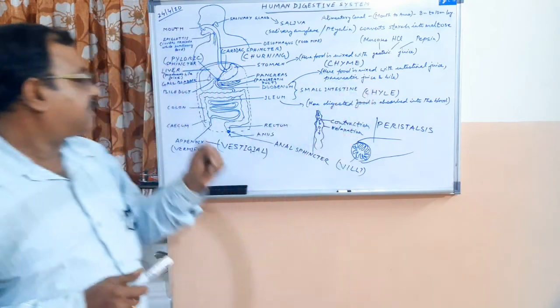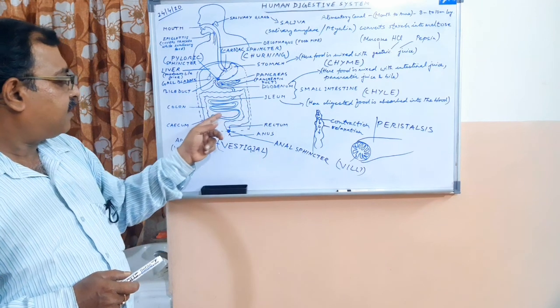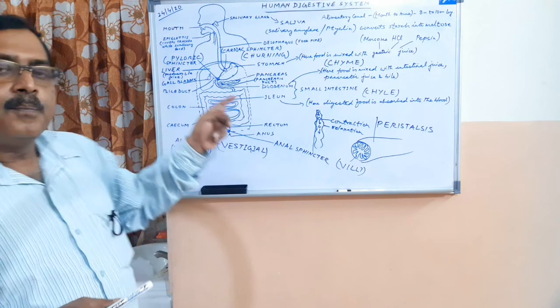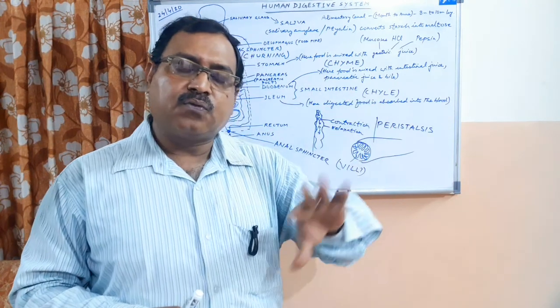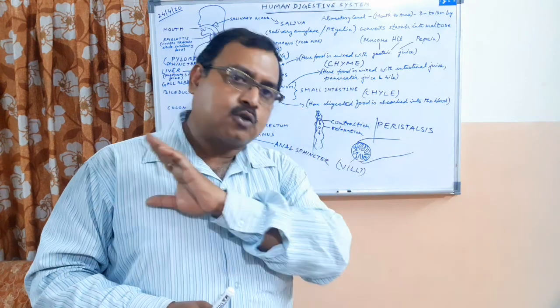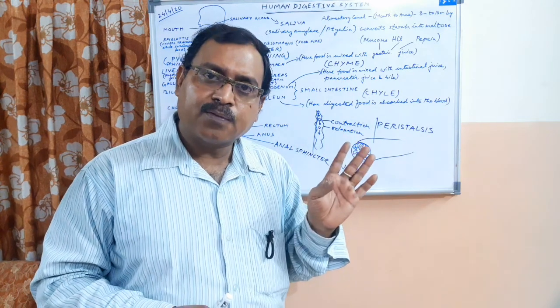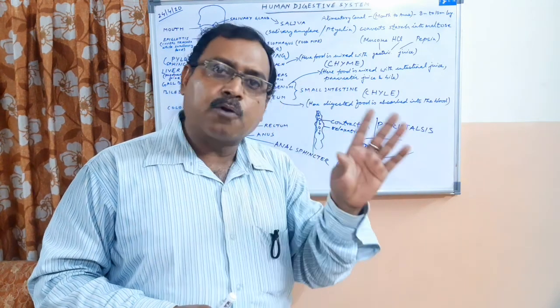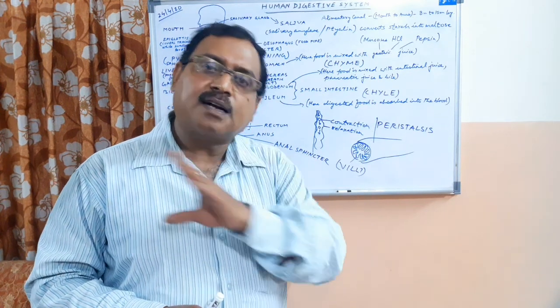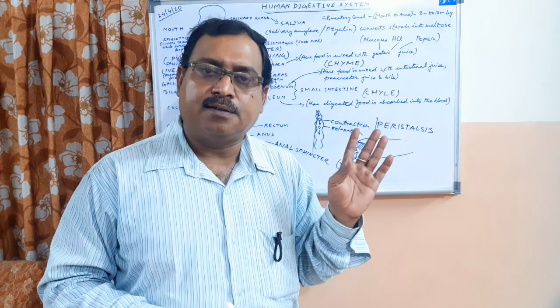Next, food enters over here, then in the first part of the small intestine, this food gets completely digested. That is, carbohydrates are totally broken down into glucose, fats are totally broken down into fatty acid and glycerol, and proteins are totally broken down into amino acid.